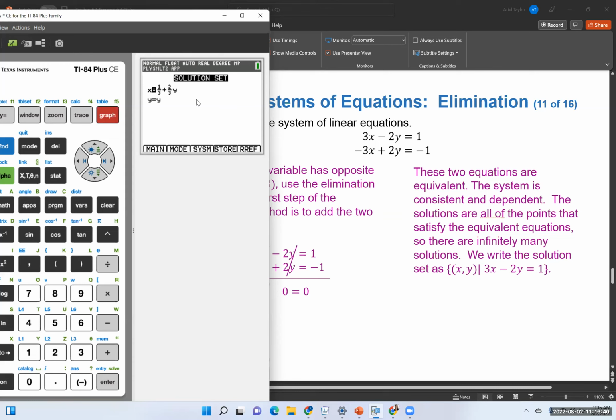So it doesn't matter what we make y equal to; you're still going to have some type of x that corresponds to it. That's why we know it's infinitely many solutions. So when you see something like this pop up, where it's not a whole number and a whole number, you know that it's either infinitely many solutions or no solution. But let's look at what no solution looks like.